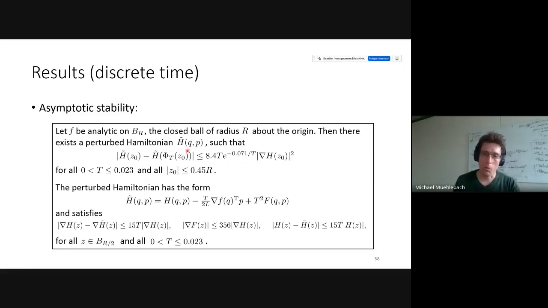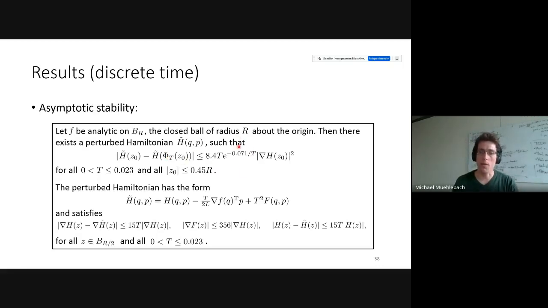And so we came up with the following bound, which characterizes the change of this h tilde, the change in energy for one symplectic step, so only the symplectic Euler step.